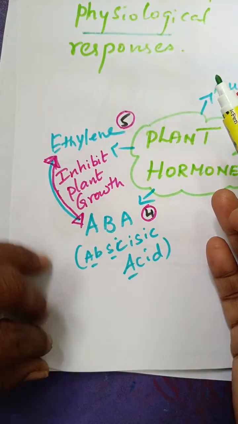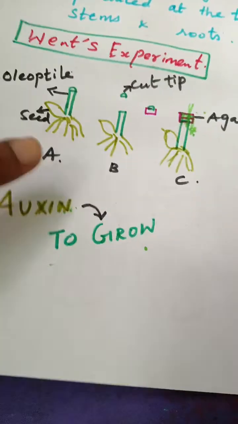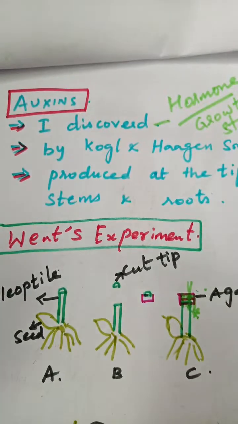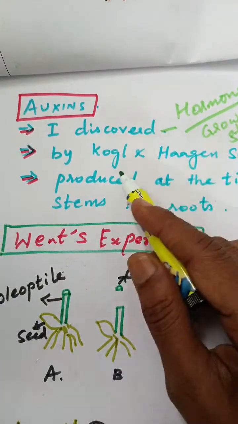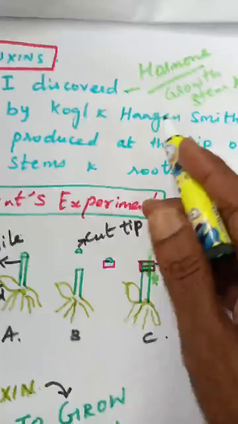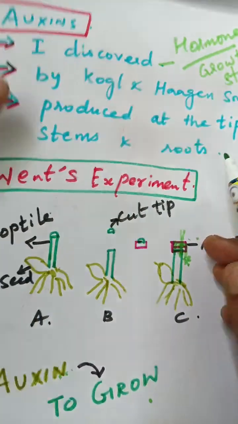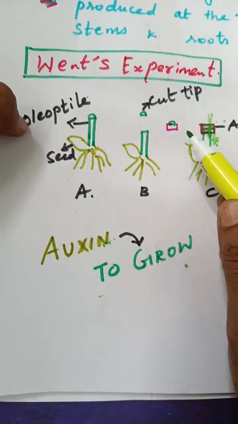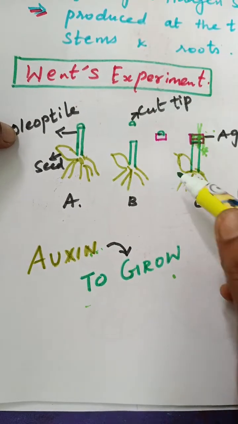Next, we have seen about the auxins in this live session. What are the auxins? Auxins are the first hormone discovered, mainly introduced by the two scientists Koch and Hagen, and produced at the tip of the stem and the roots. Wendt experimented with auxins, the growth hormones.